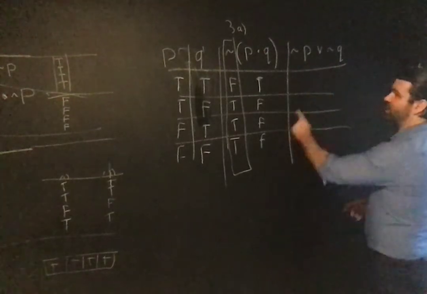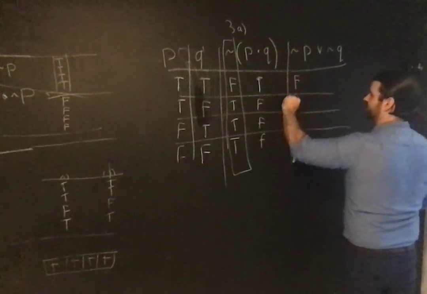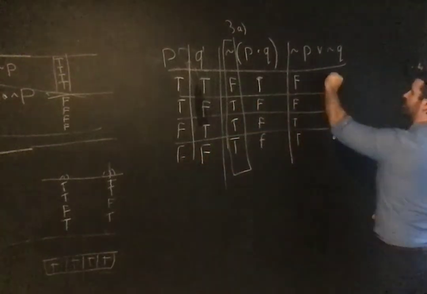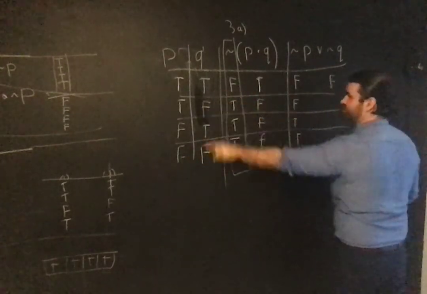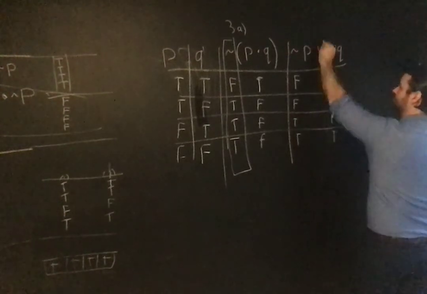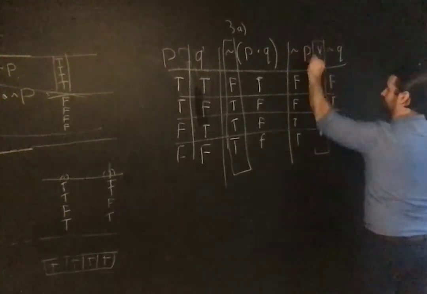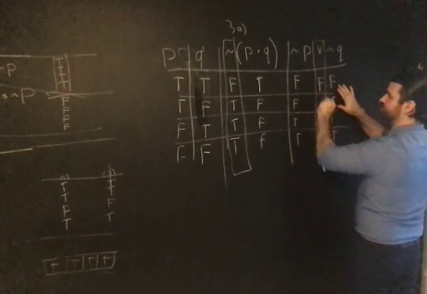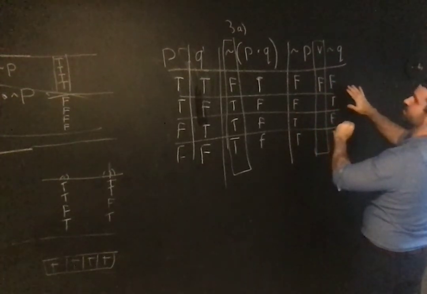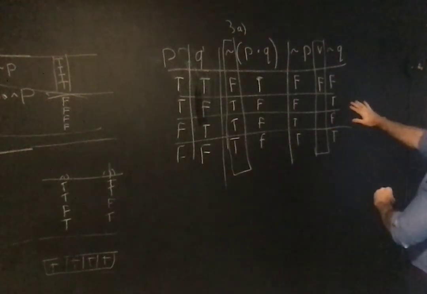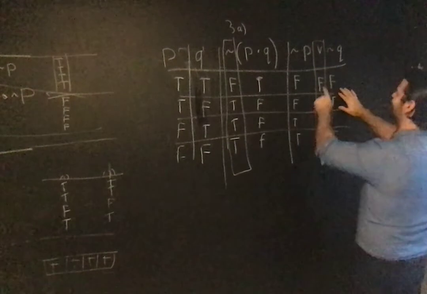So first I have to do not P: false, false, true, true. Just looking at P and negating that. Not Q is the opposite of true, false, true, false. So false, true, false, true. And now this is the disjunction of these two. So false or false is false.